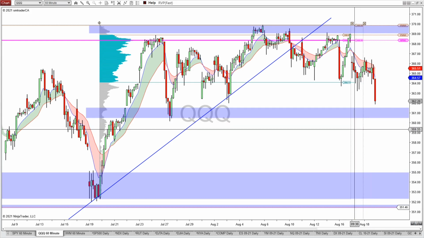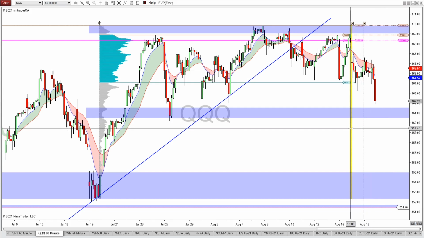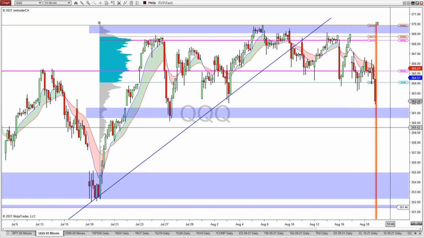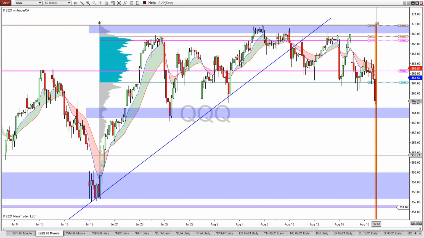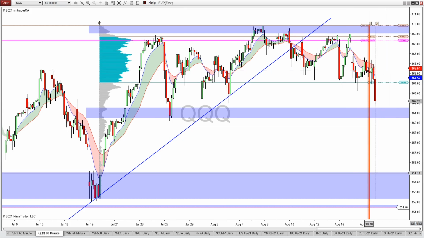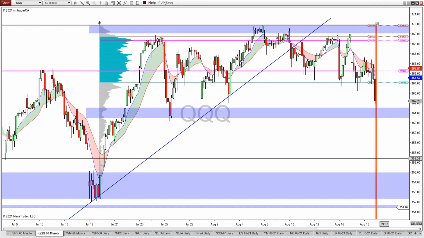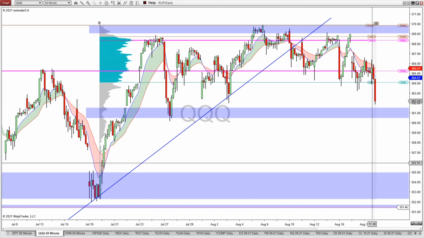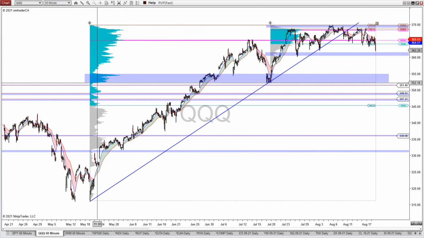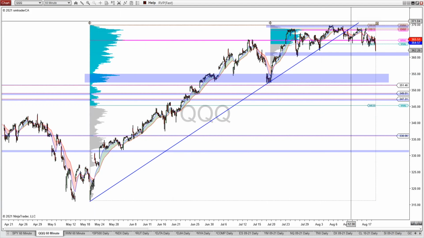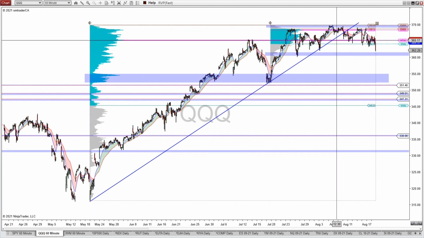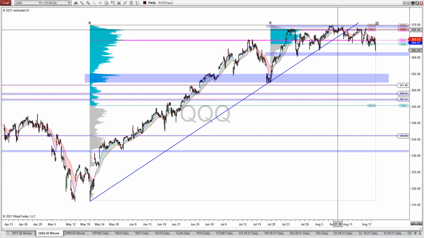Again, if we move this over, we can see this is the larger composite point of control, and that point of control has shifted down. As you can see, this huge composite point of control has shifted down to around 365.30, while this point of control is still sitting at 368.